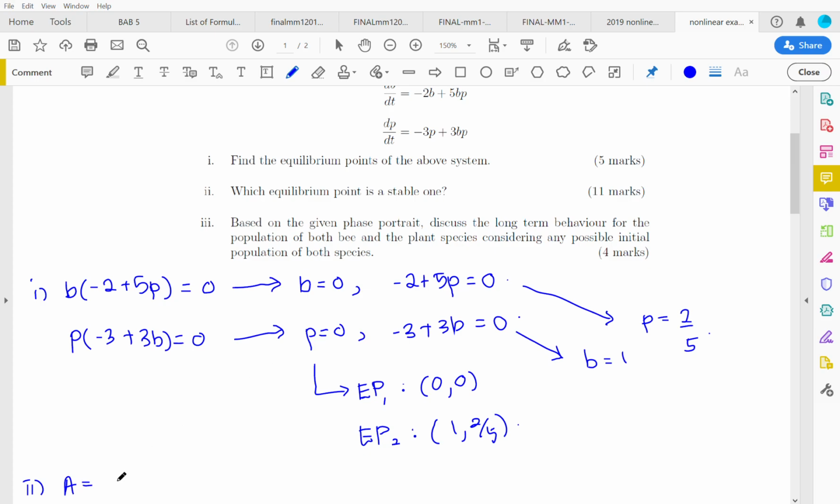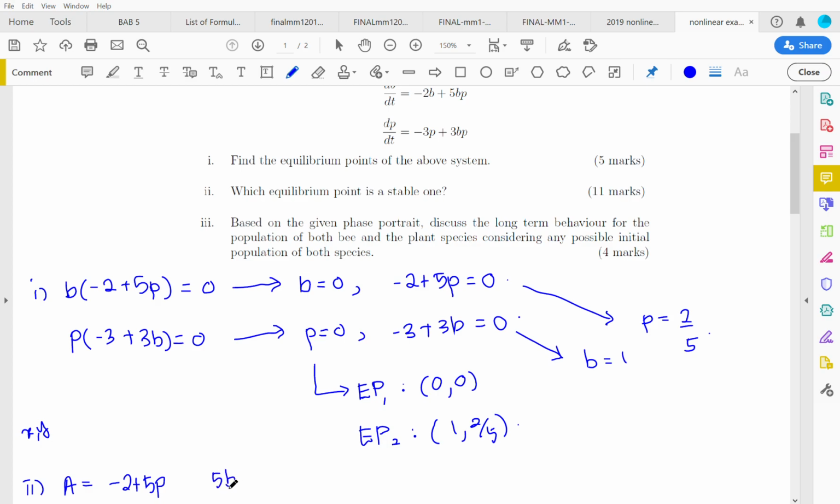Okay, so factorize the first term with respect to b, because before this we saw x and y. Now the equation that we have is in p and b, so you have to change accordingly to find the Jacobian matrix. So matrix A here: differentiate the first equation with respect to b, we have minus 2 plus 5b, and differentiate with respect to p, here becomes positive 5b.